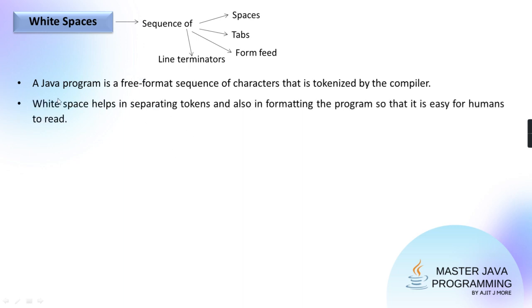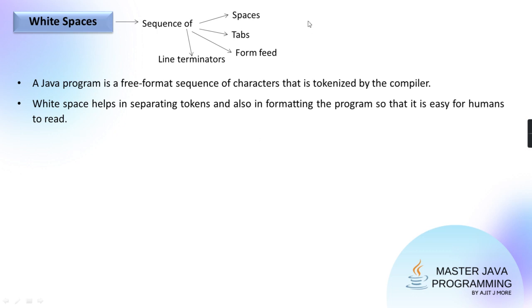Then what is the role of white spaces? These white spaces just play the role of separating tokens, and also making your code more readable, formatting the program so that it is easy for humans to read.